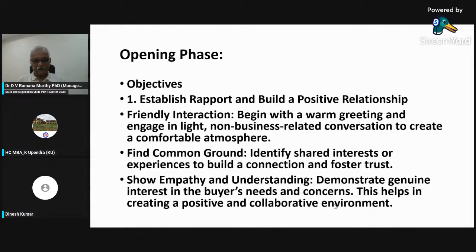And always through the conversation phase, please note that because you are building up a positive relationship and a rapport, you have to demonstrate a genuine interest in the buyer's needs and concerns.